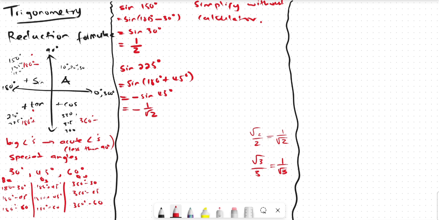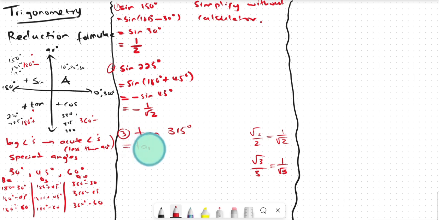Let's take the other one. If I have maybe tan 315 degrees, again, what will I say? Where am I?